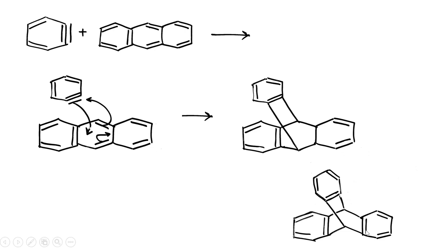You can see here, this one is also a cyclic adduct, an addition reaction of benzyne plus anthracene. You will get this electrocyclic compound, where cyclization takes place. This is a Diels-Alder type of reaction. So this is all about benzyne. In this lecture, we have discussed the basic points about benzynes and some of its reactions. Thank you.